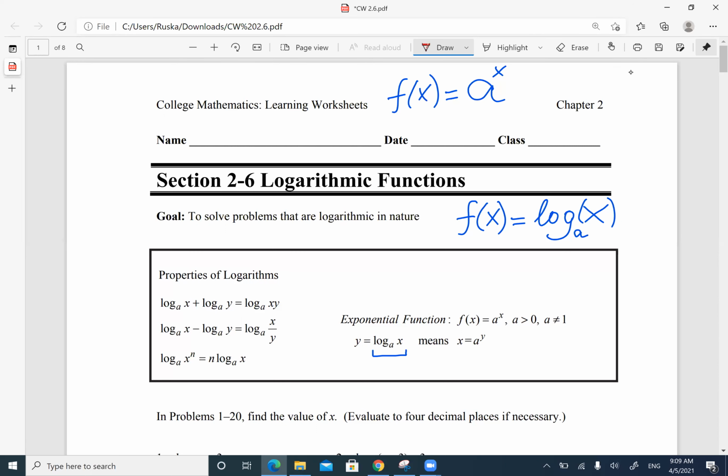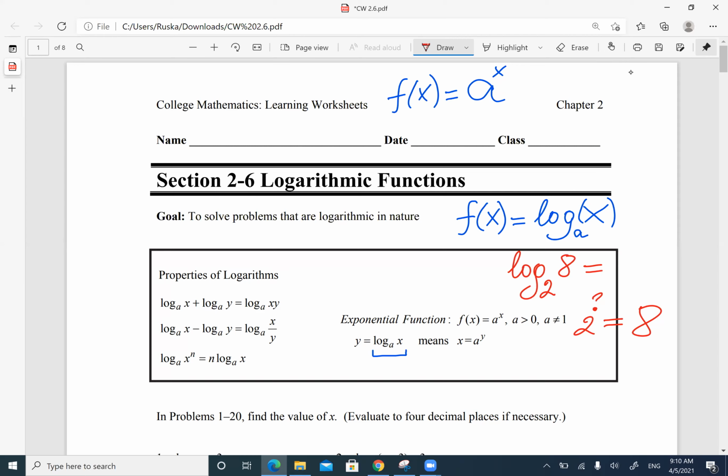If I want to find logarithm with base 2 of 8, that means how many times you multiply 2 to get 8. So 2 with what exponent is 8?